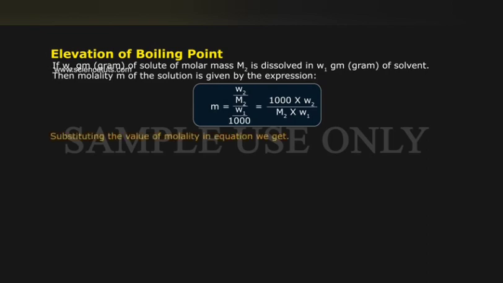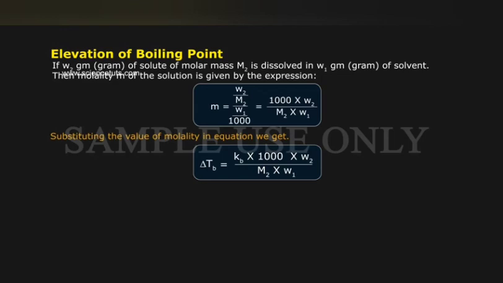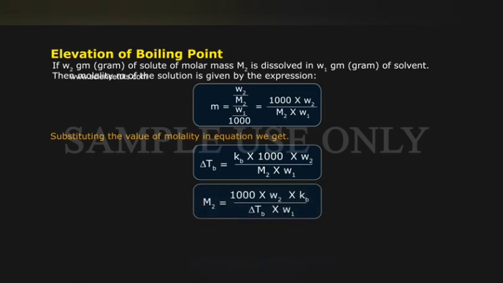Substituting the value of molality in the equation, we get delta Tb is equal to Kb into 1000 into W2 by M2 into W1. M2 is equal to 1000 into W2 into Kb by delta Tb into W1.